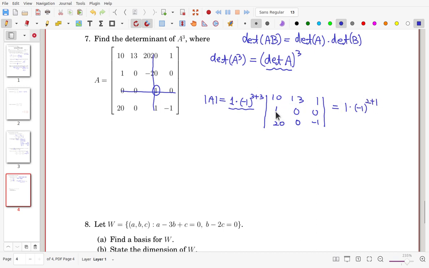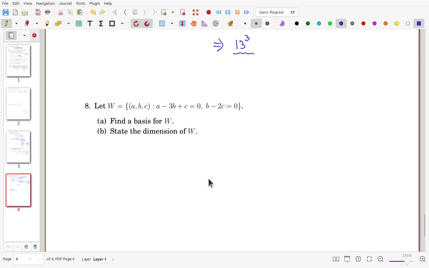And then we eliminate the row and column of this one, so that it becomes the determinant of 13 and 1 and 0 and minus 1. Now for 2 by 2 matrices, the determinant is AD minus BC. So this is minus 1 and that is minus 13, so the determinant of A must be 13. So here the final answer must be 13 cubed. Okay.